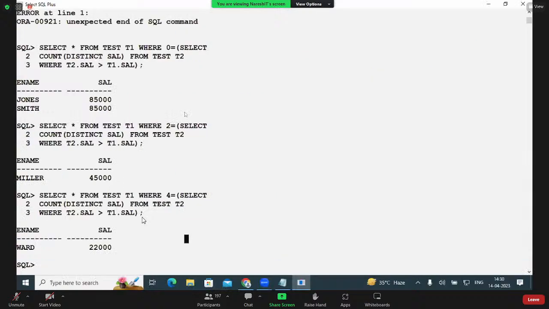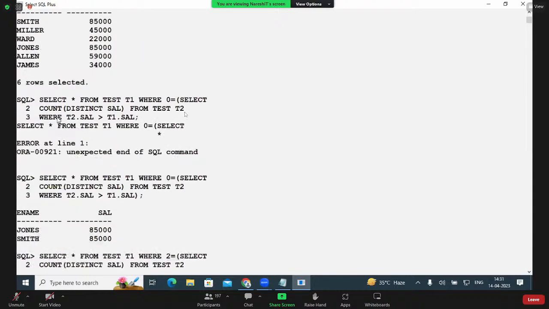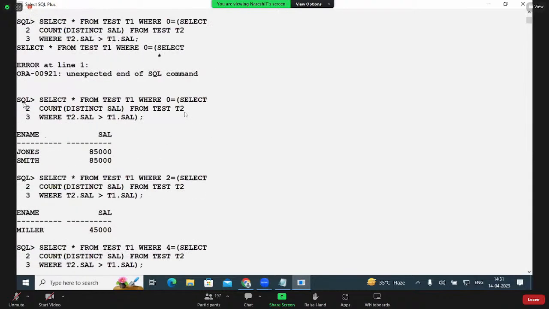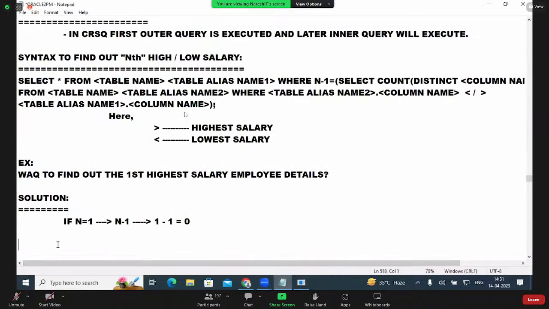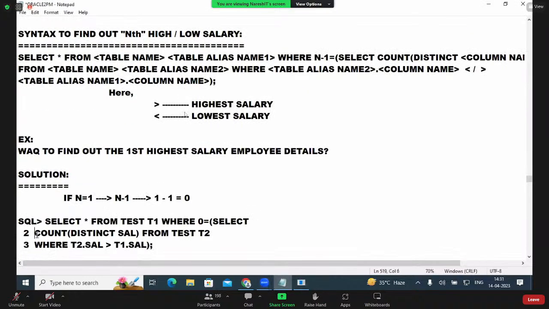But how does this correlated subquery work internally? That is important for you. Now take the first one. Okay, take this query syntax.